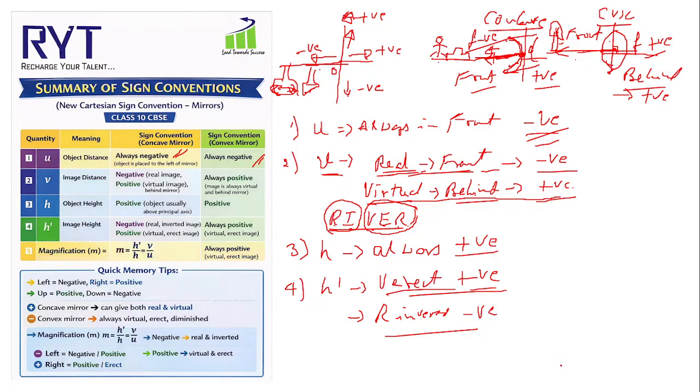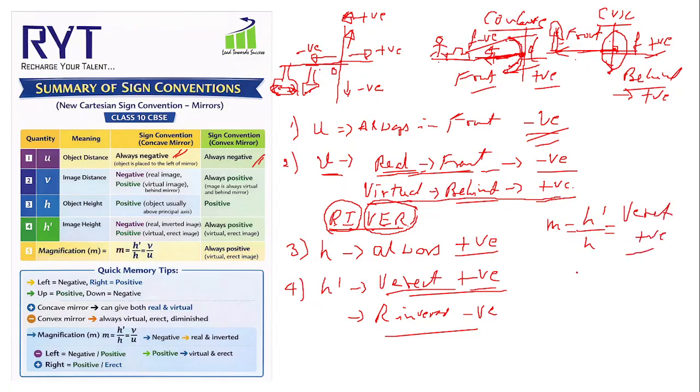All right. Now comes magnification. Magnification, we know, is image height divided by object height. So if h dash is positive for virtual and erect, and h is anyway always going to be positive, then for virtual and erect magnification is always positive.